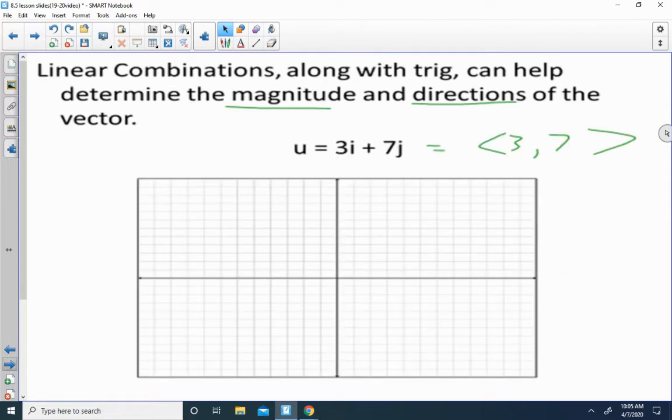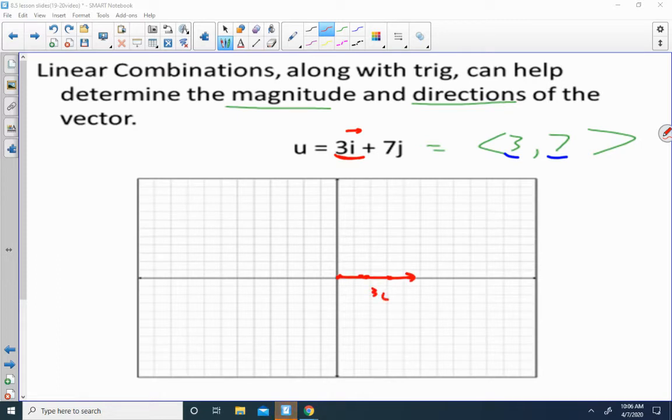So, as I already showed you, 3i plus 7j, if you take the 3 and the 7, its component form would just be 3, 7. But let me show you how we can make a triangle out of this. So 3i, you know the I moves you to the right. The 3 will tell you, okay, I got to move 1, 2, 3 units to the right.